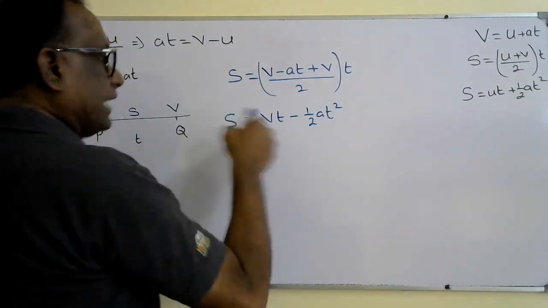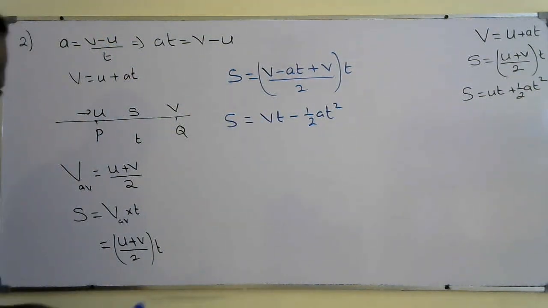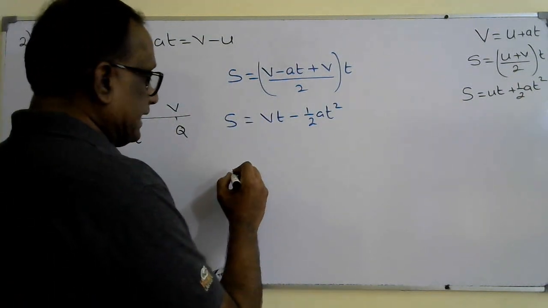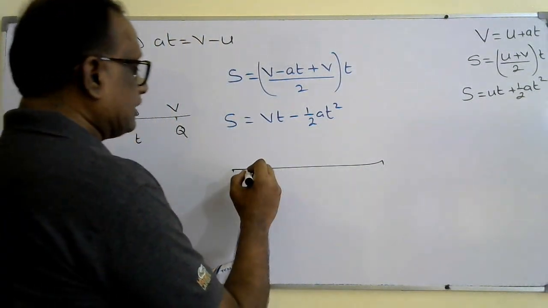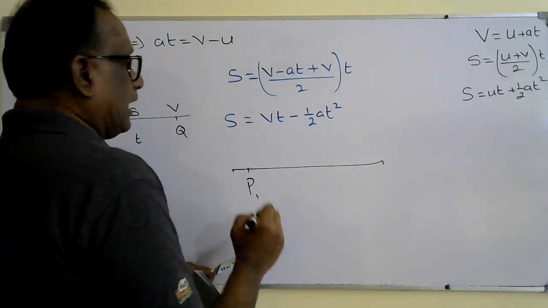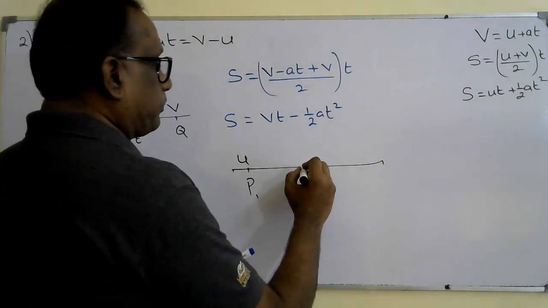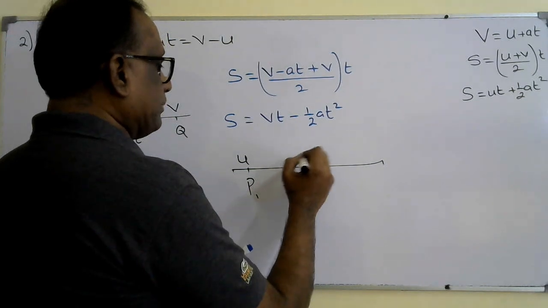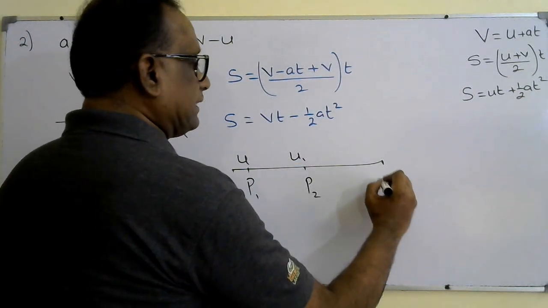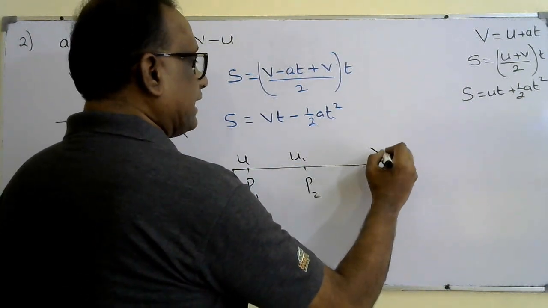Okay. So in this equation, what is the meaning of it? We don't consider its initial position. Say maybe the object is at P1, its velocity may be u. Then at point P2, its velocity may be u1. Later at point P3, its velocity is v.